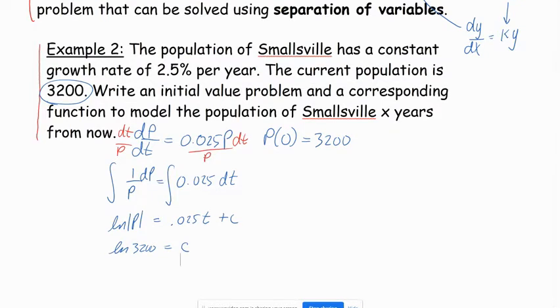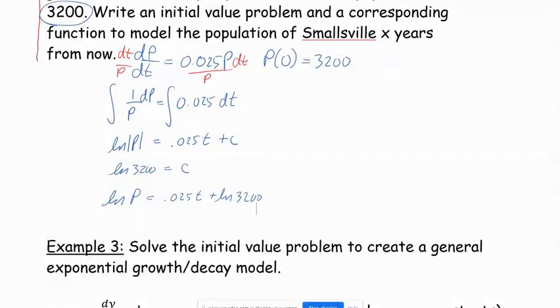And so now we have natural log of p, and I'm getting rid of the absolute value because population is always going to be positive. And so then we get 0.025 t plus natural log of 3,200. And now we just need to solve for p.